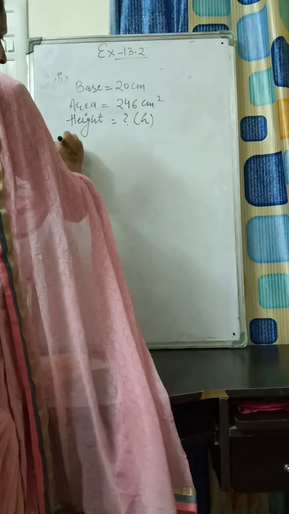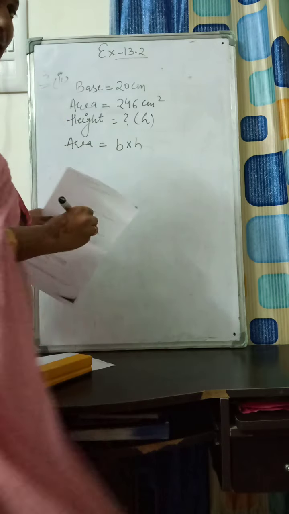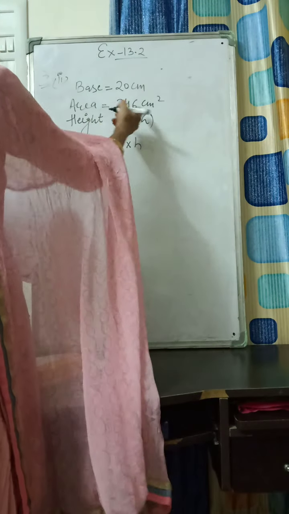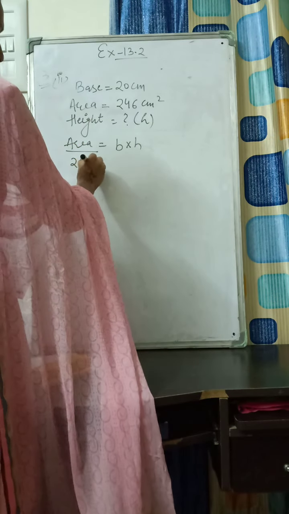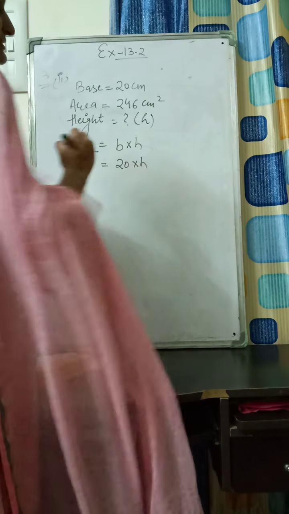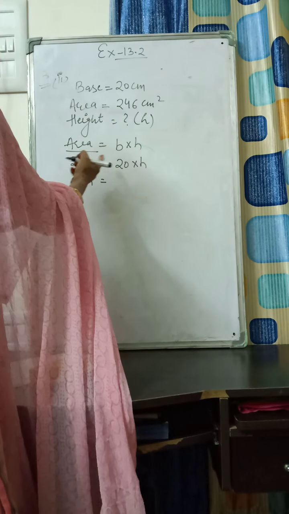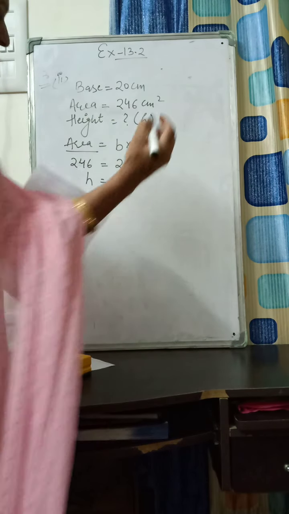Height, that is h. So we know that the area of a parallelogram is base into height. That means here the area is given, which is 246, that is equal to base 20 into height h. So we can find the value of h by dividing 246 by 20.